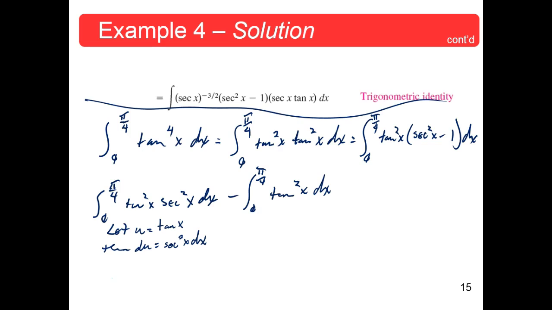We were that close. This is the derivative of tangent, right? So if u is tangent x, du is secant squared x dx. So now we have u squared du. We can do that, right?